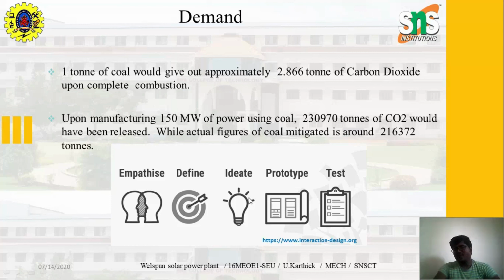Why have we developed the solar PV on 800 acres? Because that land is uncultivated, which is of no use for cultivating purposes, right? So we can utilize that land to produce energy. That is the objective. I hope you have understood the case study and how we incorporate design thinking. Thank you.